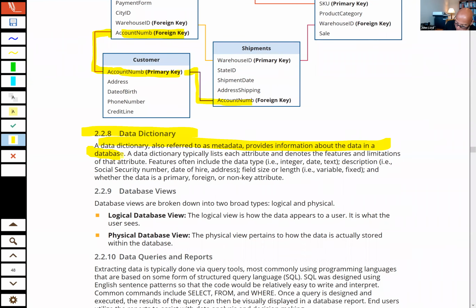Okay, so it basically provides different features like a description of the data, field size and length, and whether the data is a primary or foreign key or non-key attribute, etc. This is very important, as you acquire that data and start to do different analysis on it. If you don't understand how the data is organized, you're going to be having some problems. So you're going to want a data dictionary to help guide you along through that process.